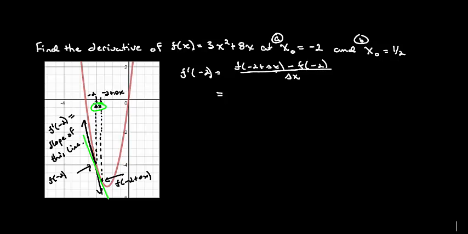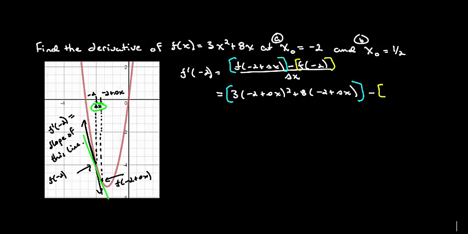So we'll go ahead and walk through this here. My function's up here, and so I need 3 times -2 plus delta x squared plus 8 times -2 plus delta x. That right there is this guy. Now we need to subtract off this guy right here.